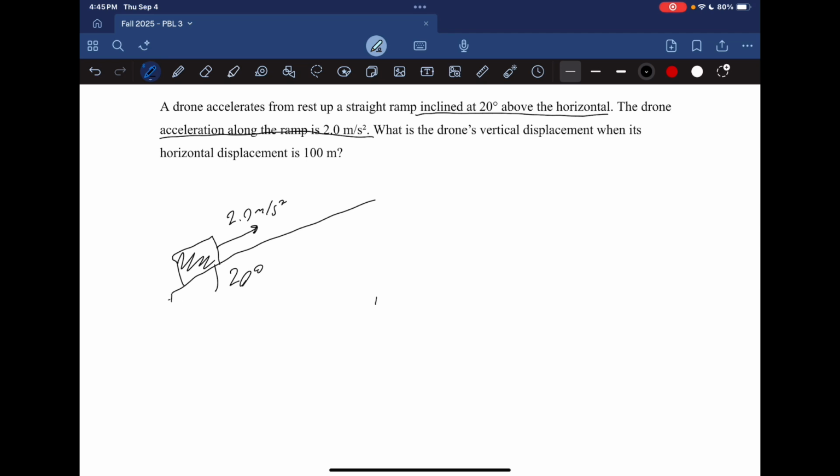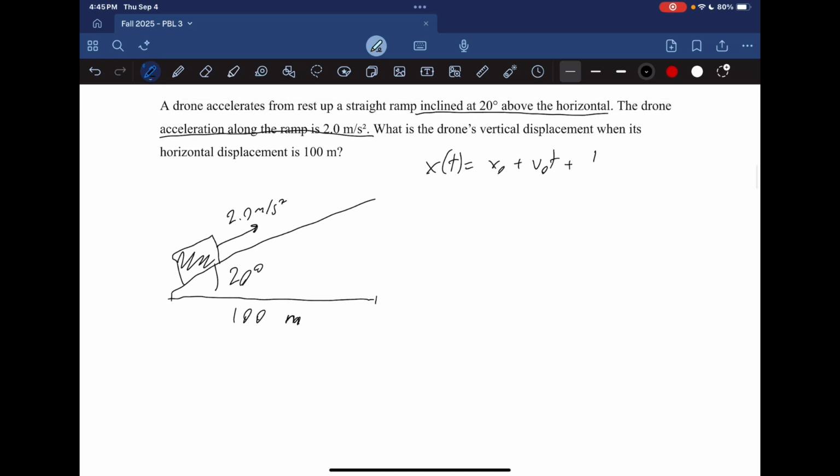So we have down here, horizontal displacement is 100 meters. So this is an interesting question because we have to first determine how much time it takes to move that 100 meters. From our kinematic equations, we have x of t equals x naught plus v naught t plus 1/2 at squared.